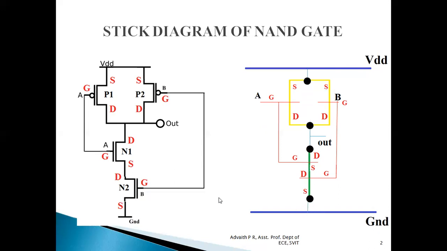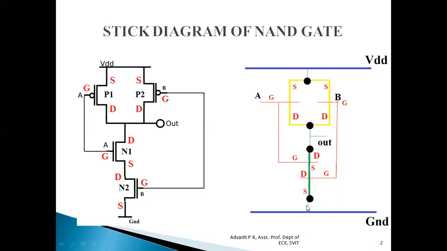After this, we have to establish contacts. Whenever an electrical connection has to be established between two different layers, we use contacts, which we also call VIA. P-type diffusion and the metal layer are two different layers, so we have to establish a contact.